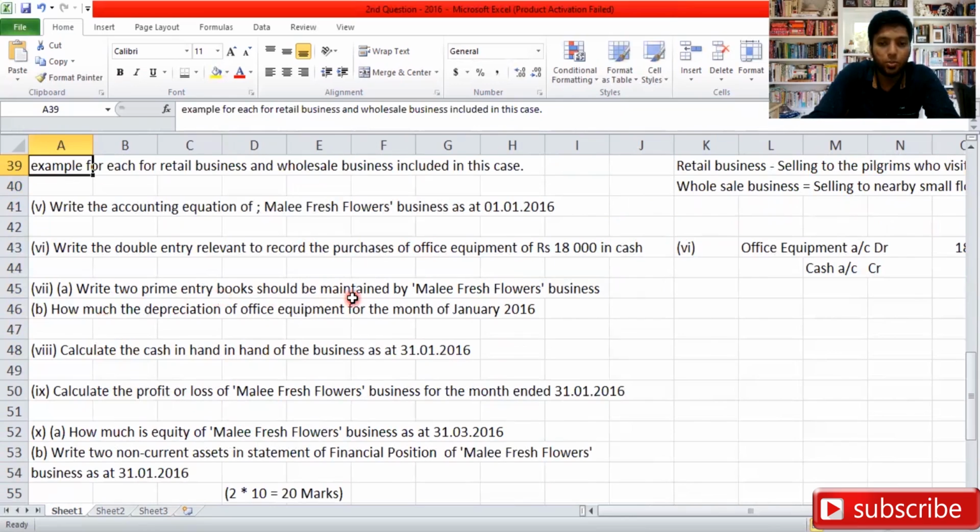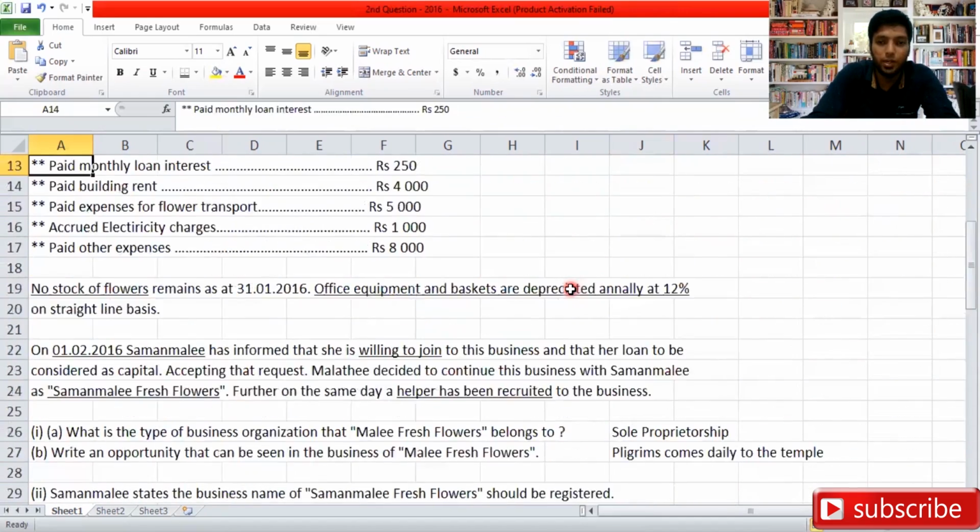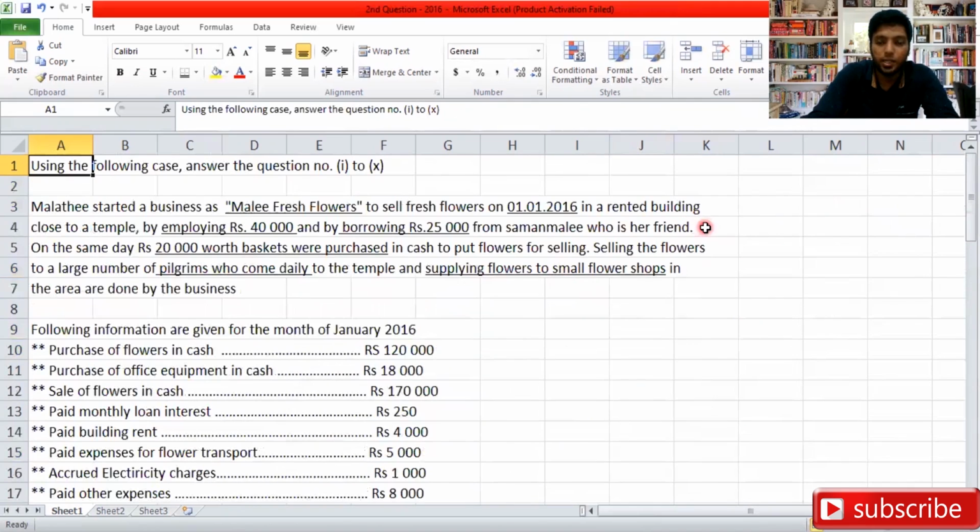Write the primary books that should be maintained by the Fresh Flower business. Now you might see they are not going to use a sales journal or a purchase journal, because until we read here they spoke about everything in cash. She's taking money from cash, she's purchasing in cash to buy flowers for selling, and she's selling all in cash.